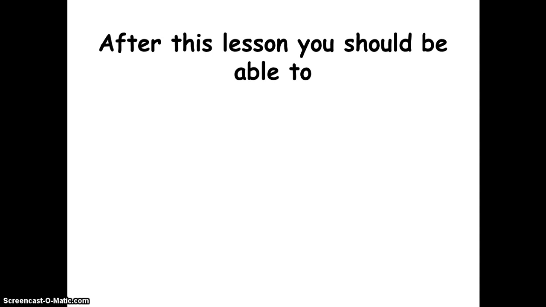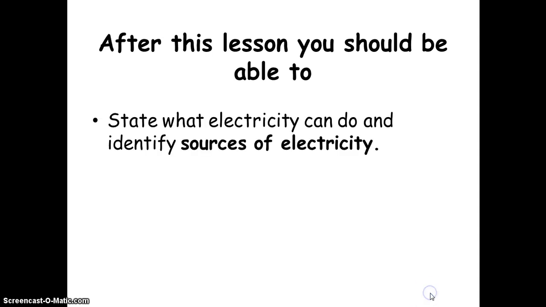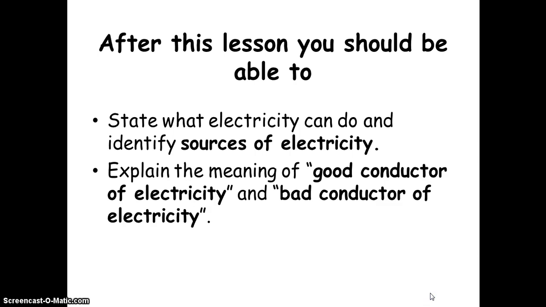Now, after this lesson, you should be able to state what electricity can do and identify sources of electricity. And secondly, you should be able to explain the meaning of good conductor of electricity, and also explain what the term bad conductor of electricity means.